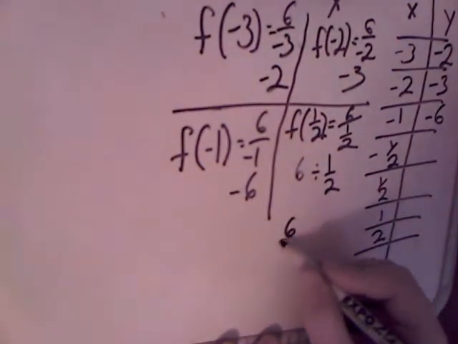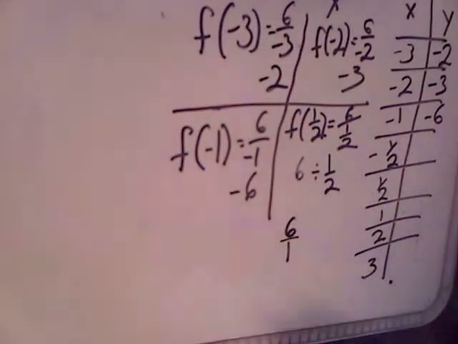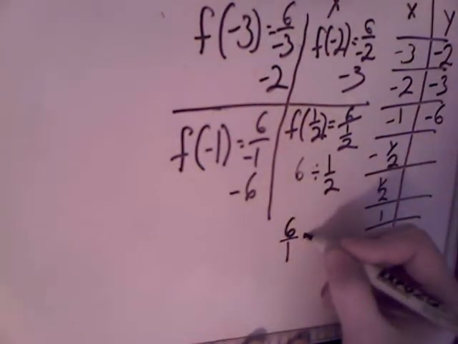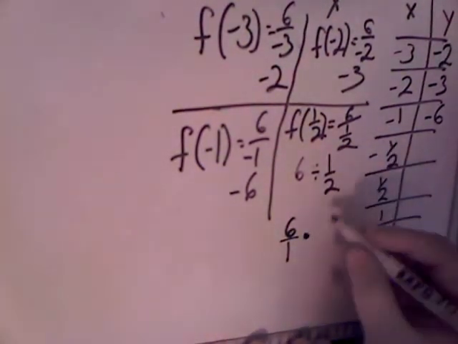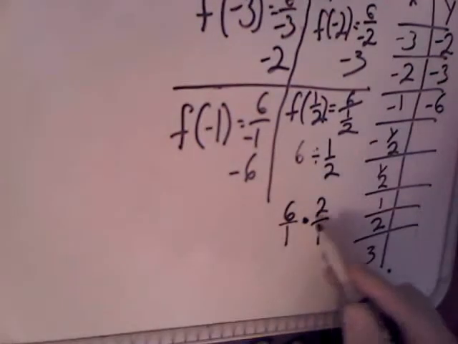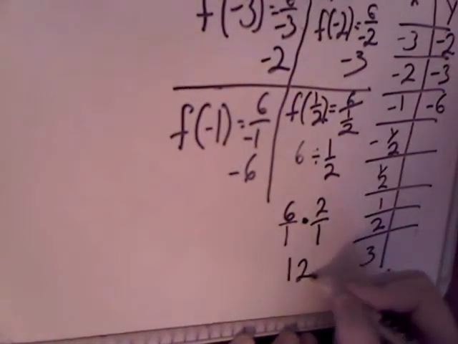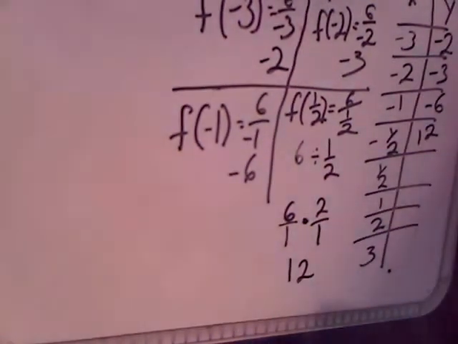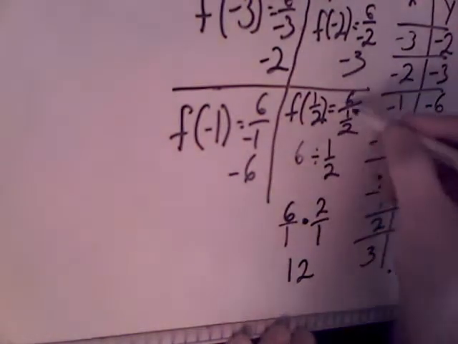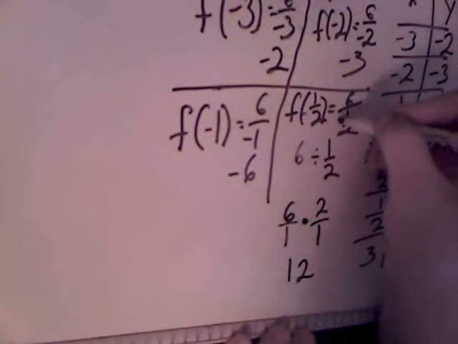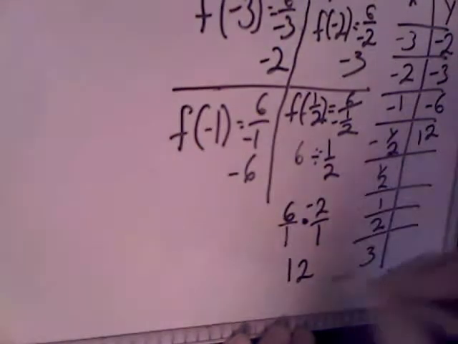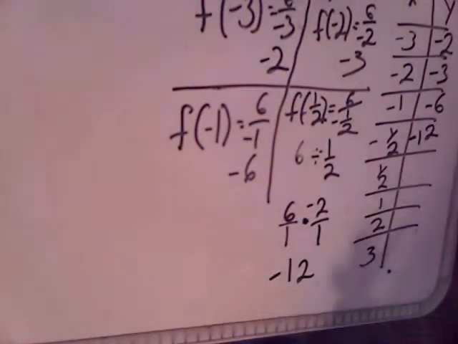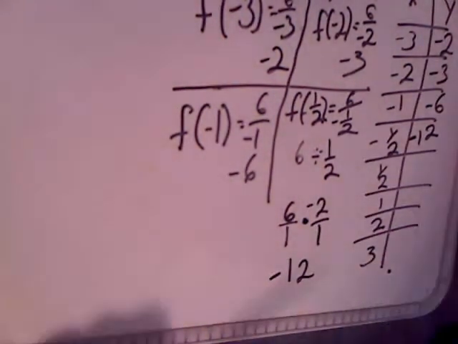We can also write it as 6 over 1 because it's in a fraction. Division sign changes to multiplication. 1/2 changes to 2 over 1. 6 times 2 is going to be 12. And we can't forget that negative sign that was at the 1/2, so we need to make sure that we put that negative sign in there.